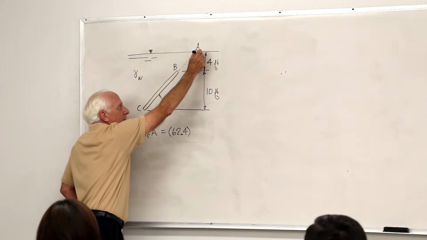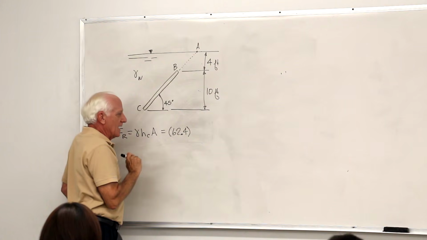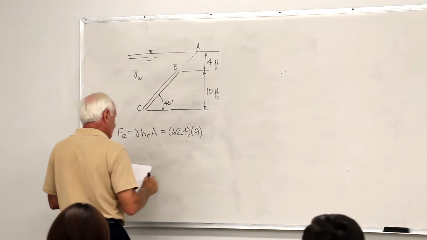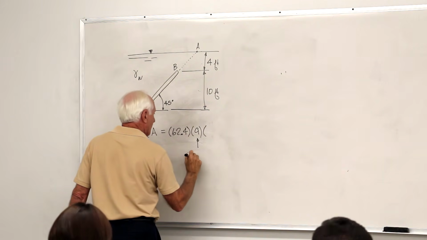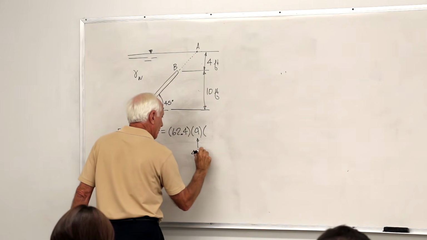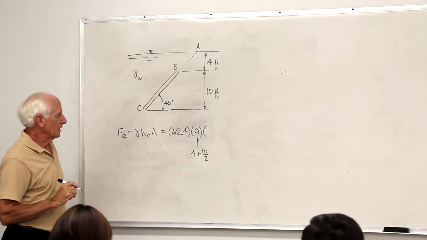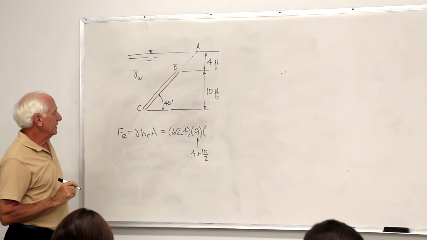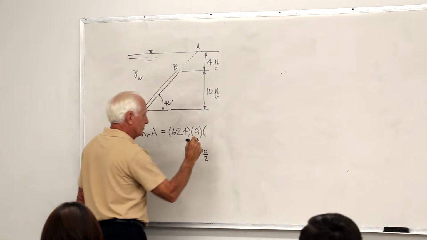Free surface, centroid, 4 plus 5, 9. That's where it came from. Area of the inclined surface, 10 square root 2, assume it's 1. 10 square root 2 times 1.